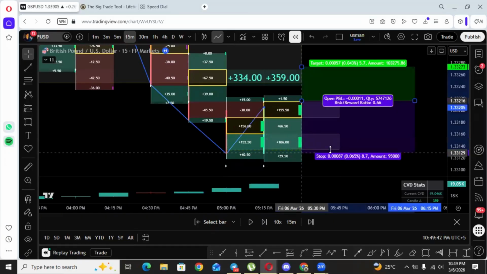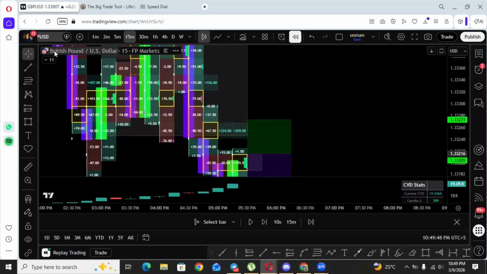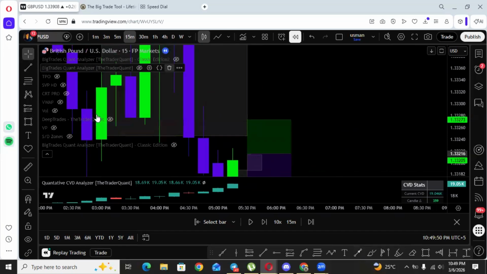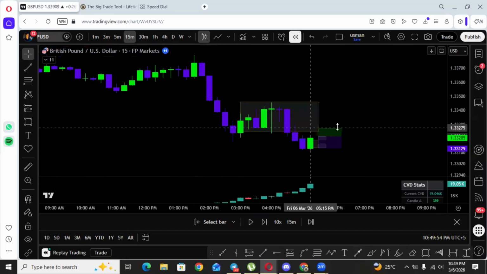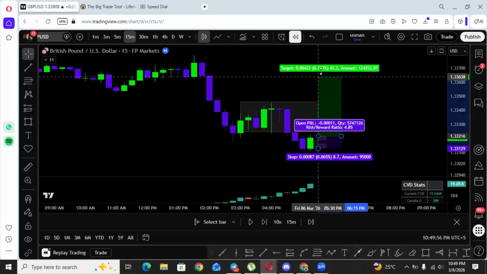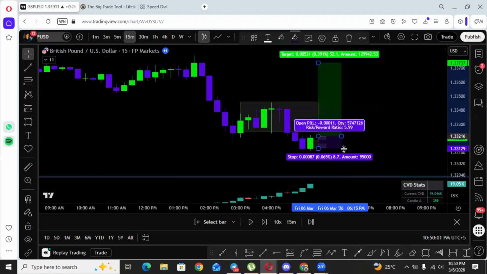Stop loss would be somewhere below this. Let's turn the candlestick structure on, turn this off, and see what would be the potential target. The minimum target would be this area, this line. Why this line?